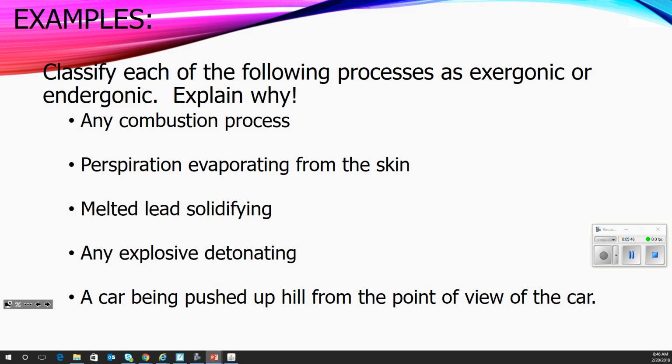Exergonic, it gave off energy to become solid. Okay, any explosive detonating. Yeah, that would be exergonic. It gave off a lot of energy, right? Okay, a car being pushed up the hill from the point of view of the car.